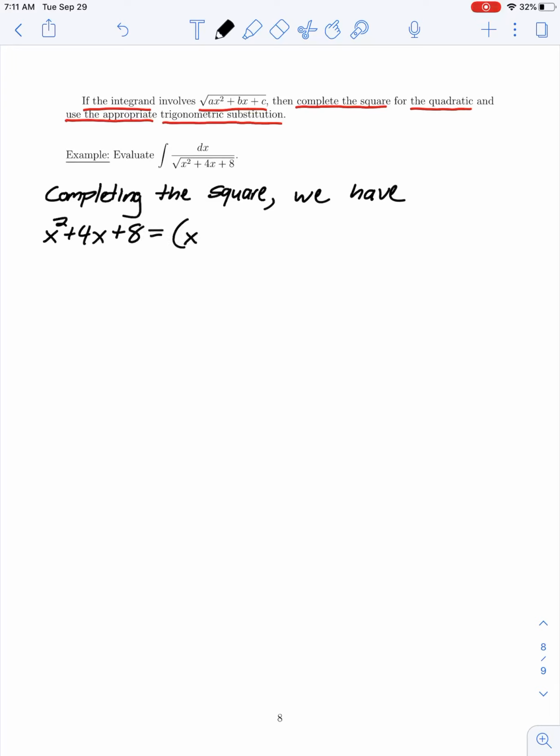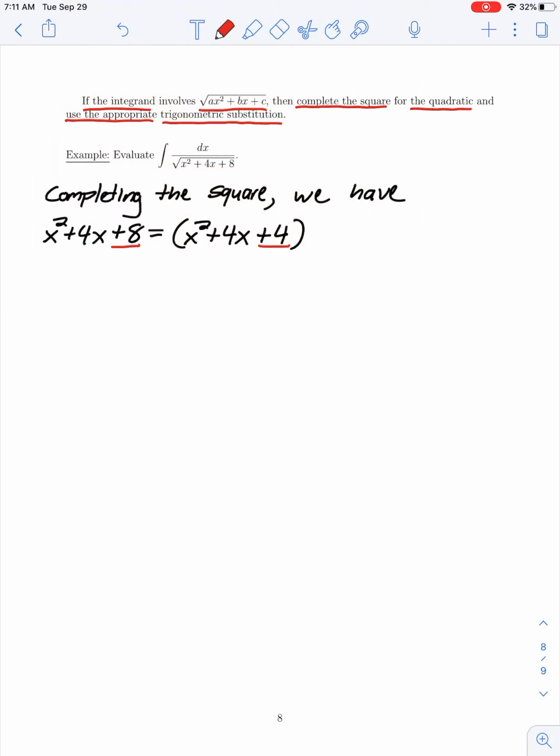can be written as x squared plus 4x, and then in order to make this quadratic, x squared plus 4x, a perfect square, I would add 4. And in order to keep this quadratic equal to my x squared plus 4x plus 8, well, I have x squared plus 4x plus 4.